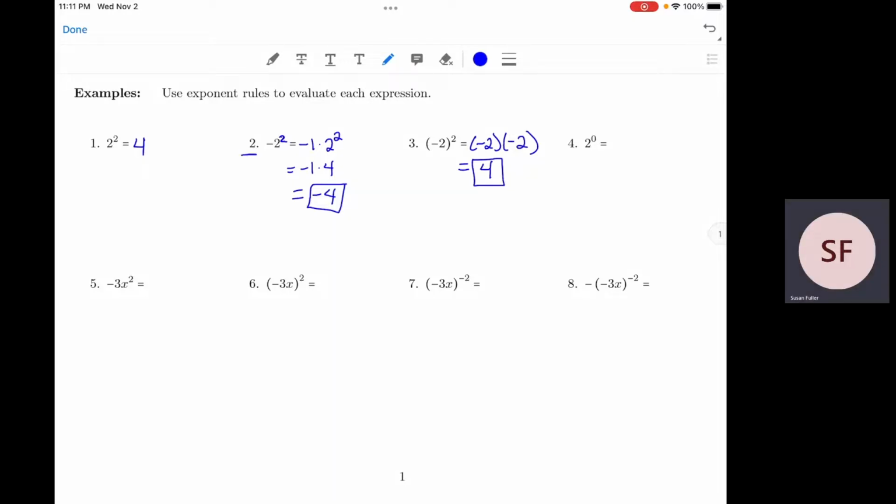The difference between number 2 and number 3 here was the parentheses. Those are hugely important. Without parentheses, the exponent applies only to the base right in front of it and nothing else. Okay, number 4, 2 to the 0 power. Well, anything to the 0 power is 1, so 2 to the 0 power is 1.